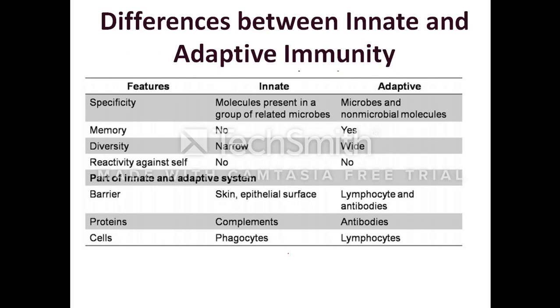The innate immune response is mediated by complement proteins, whereas adaptive immunity is mediated by antibodies. If you consider the cells, here I have quoted only a few examples. Phagocytes show innate immune response. In the adaptive immune response, lymphocytes play an important role in clearing the infection.